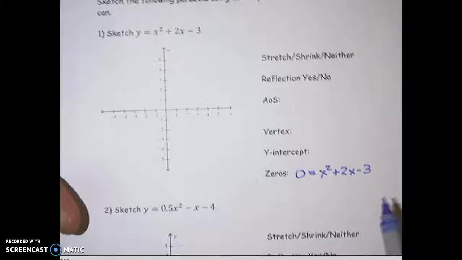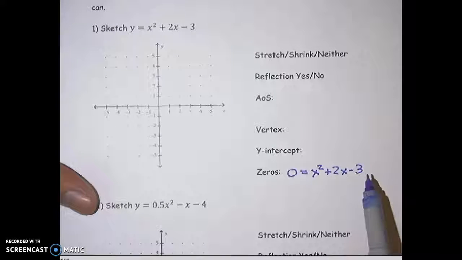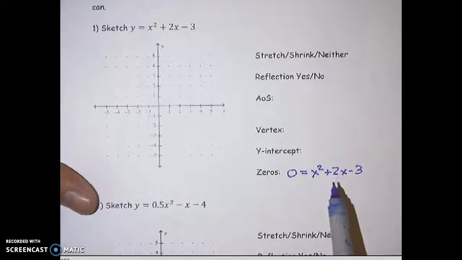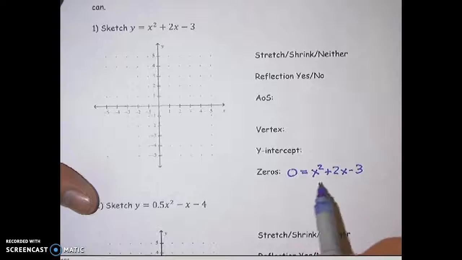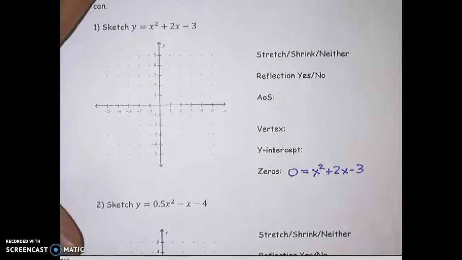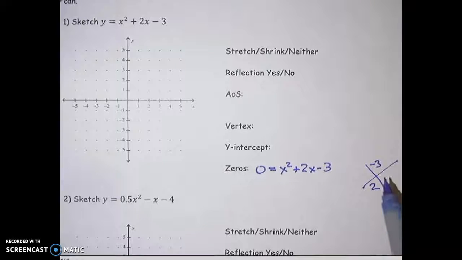And so on this one I would look at it, and I could either do quadratic formula with a being 1, b being 2, and c being negative 3. But this looks like it might be factorable, so I'm going to just see real quick if I can factor this. Can we think of numbers that multiply to negative 3 and add up to 2?